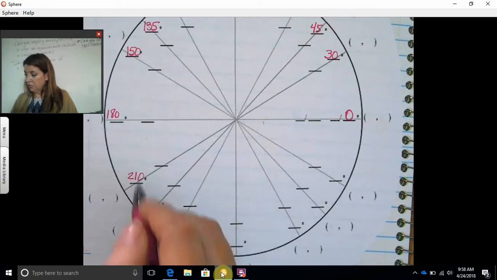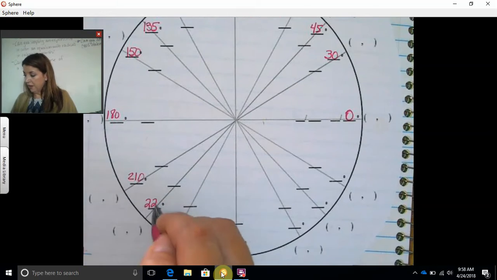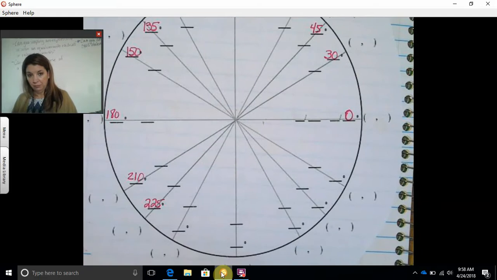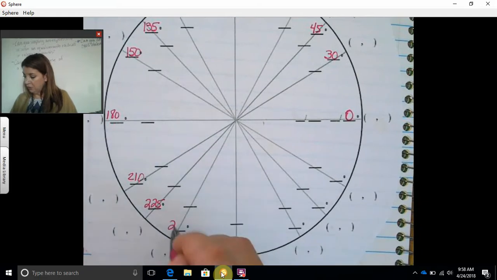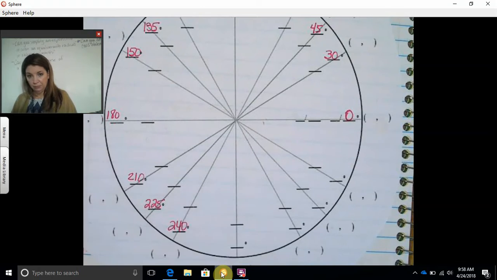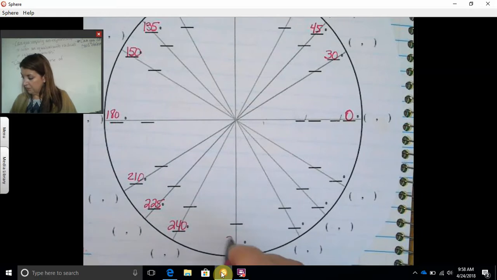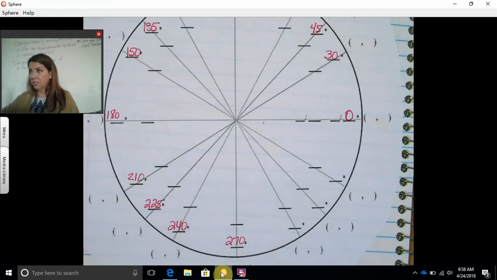A 15-degree jump puts you at 225 degrees. 15 more degrees, you're at 240 degrees. 30-degree jump, you're at 270 degrees, which y'all know 3/4 of the way around a circle is 270. 90, 180, 270.